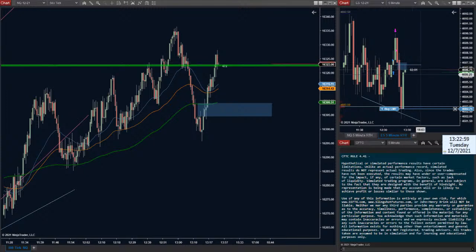Got 2 minutes left on the current candle. They're still hovering around that break-even point.